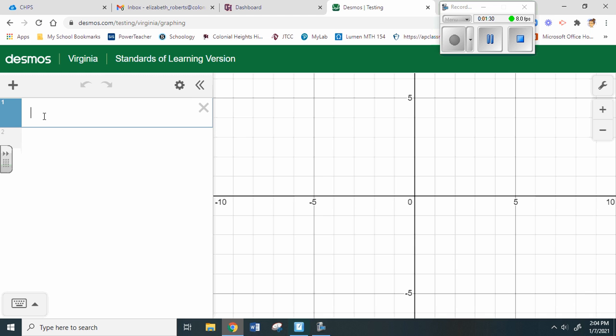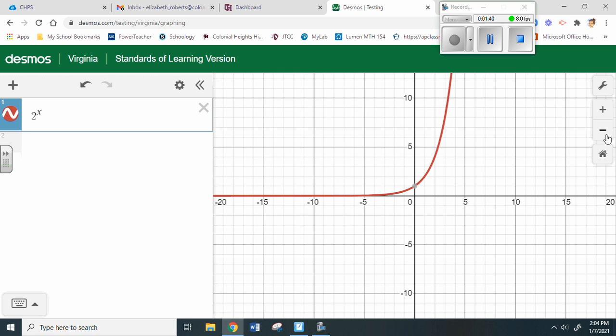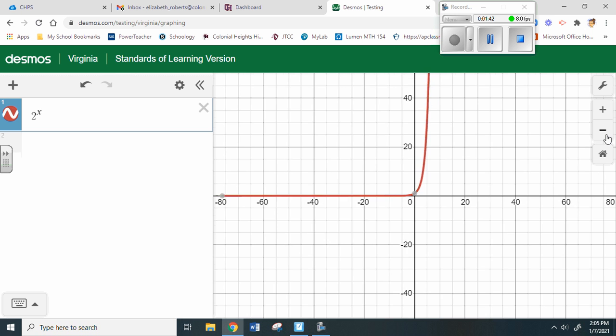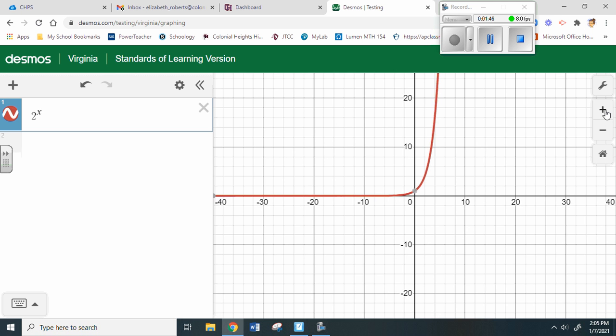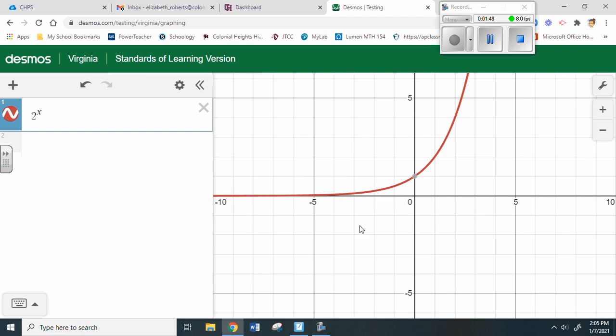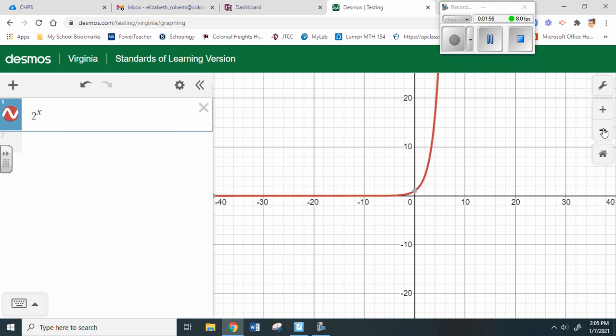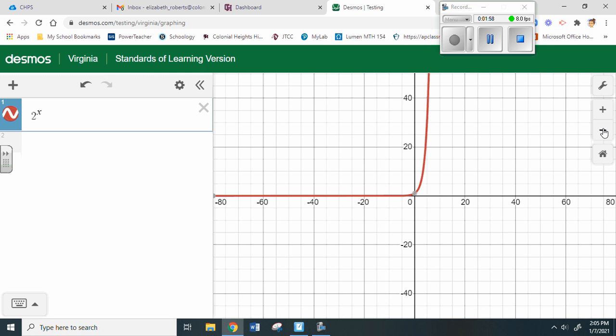Remember, you don't have to actually type f of x equals in, you can just do the other part. So 2 raised to the x. I'll zoom out just so you can see that this is the whole graph. This is a whole graph. One curve that's kind of flat on one side, and then it curves, and then it looks like it goes almost straight up.